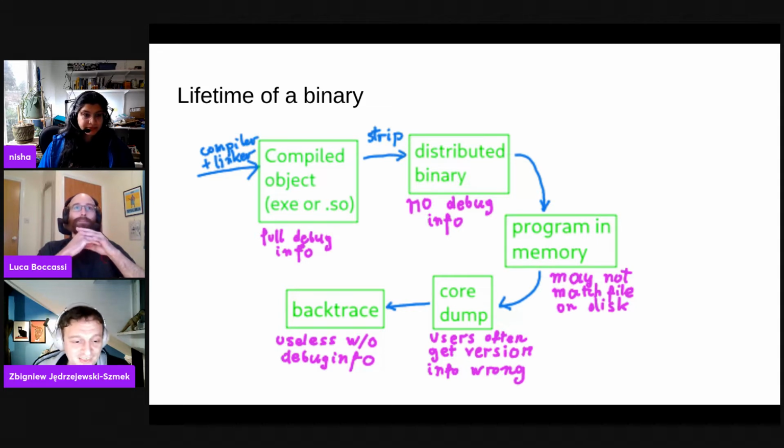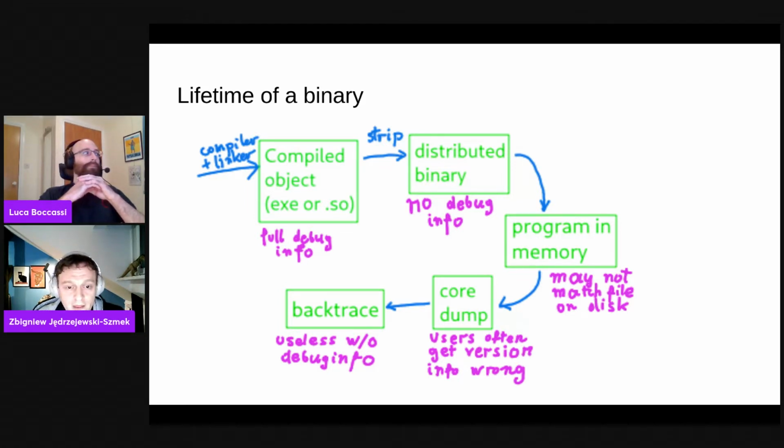So this picture shows the lifetime of a program, which starts at the top left corner, and we, as the maintainers, produce some compiled object to distribute to users. And at this point, we have all the information, all the possible metadata, full debug symbols, and so on.